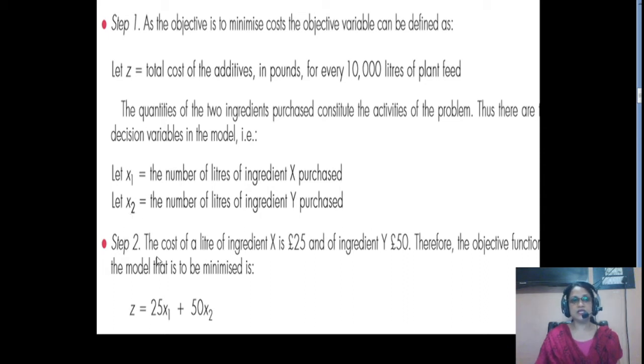Now step 2 is the formulation of the model. The cost per liter is pounds 25 for X and for Y it is pounds 50. Therefore, the objective function is to minimize 25x1 plus 50x2. This is what I have told you previously also.